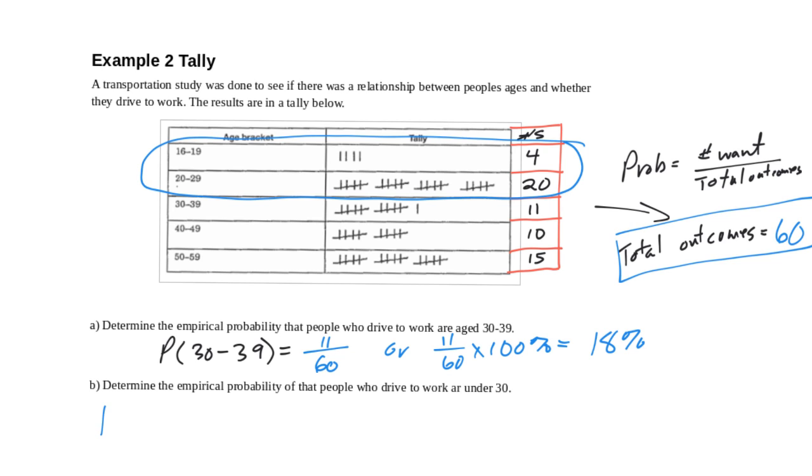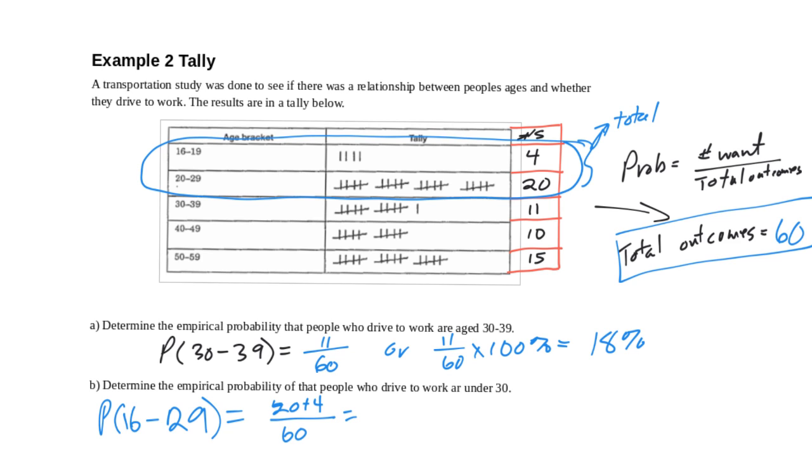So the probability of 16 to 29 is going to be, well, we total these parts: 20 plus 4 is 24, and then we divide by 60.